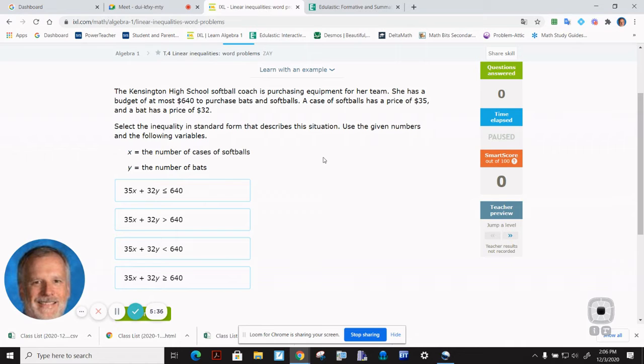That also says that a case of softballs has a price of $35, and a bat has a price of $32, and it goes on to define the variables for us. It says that X is the number of cases of softballs and Y is equal to the number of bats.